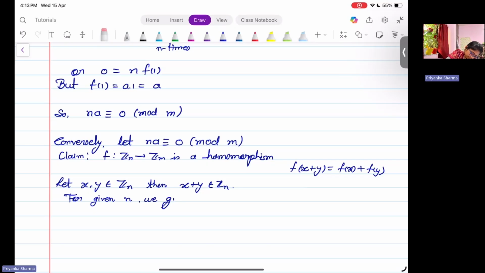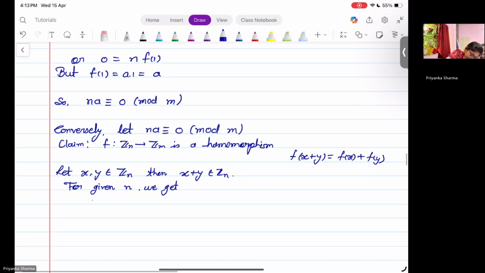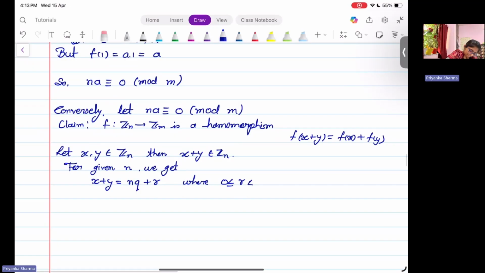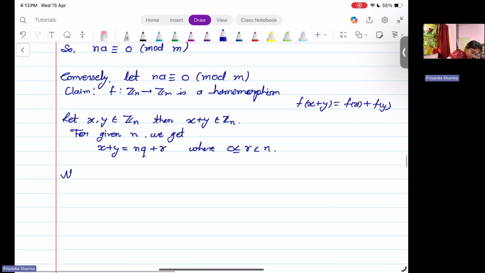We have x plus y is nq plus r, where this r, just a reminder, is greater than or equal to 0 and less than n. Fine. So now what will be f of x plus y?